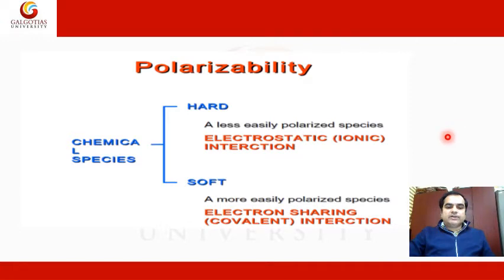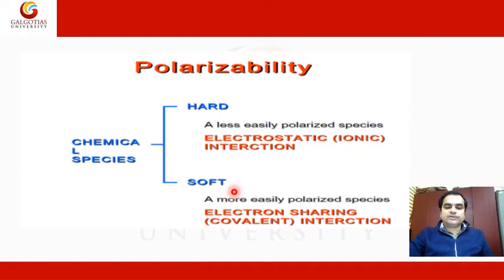On the basis of polarizability, we can classify chemical species into two categories, hard and soft. We classify species as hard when they are less easily polarized and cannot be easily polarized, and they make electrostatic attraction, that is ionic type of interaction, between them.